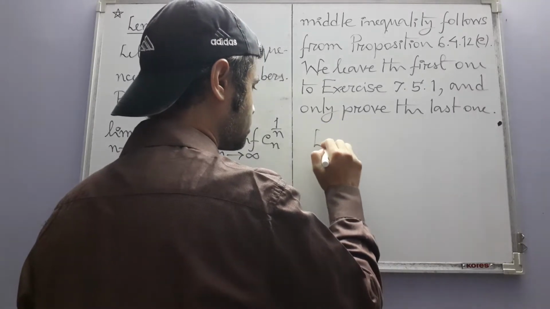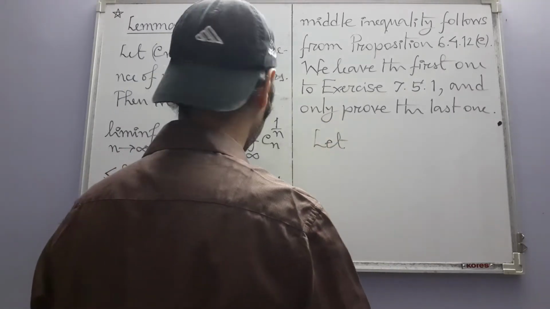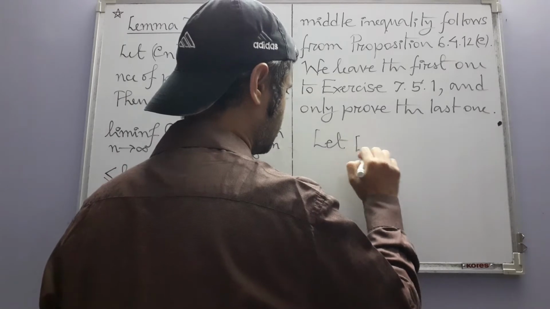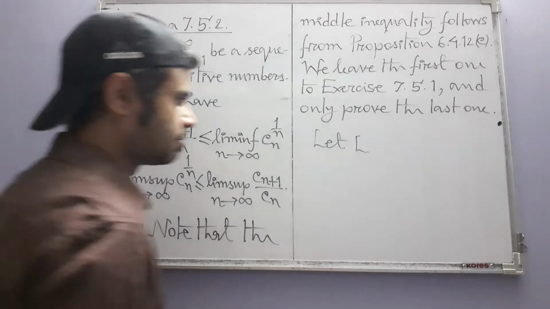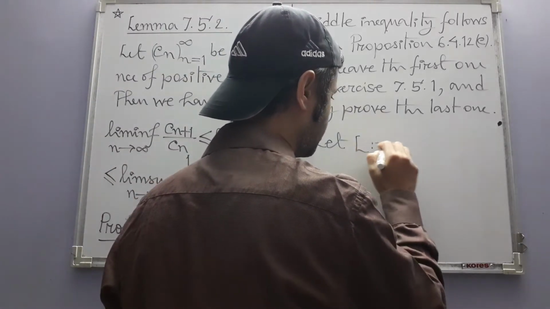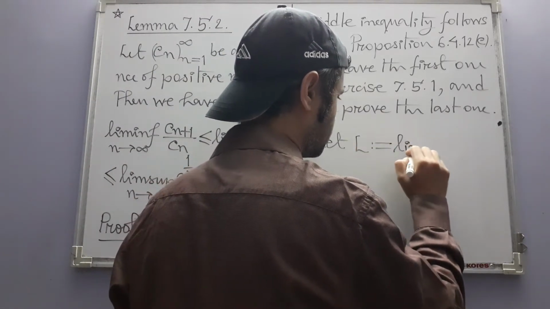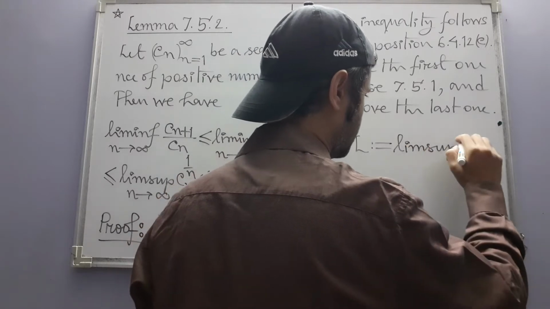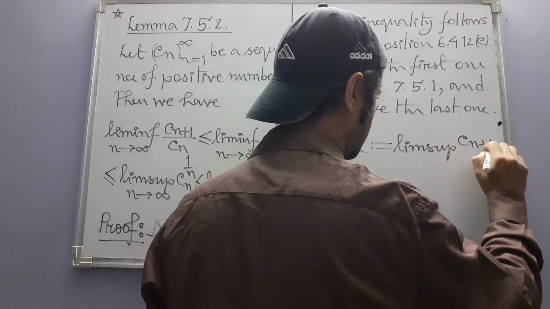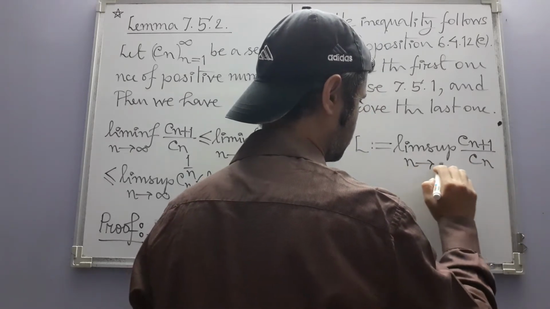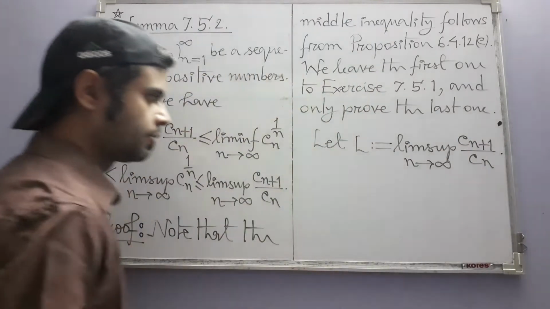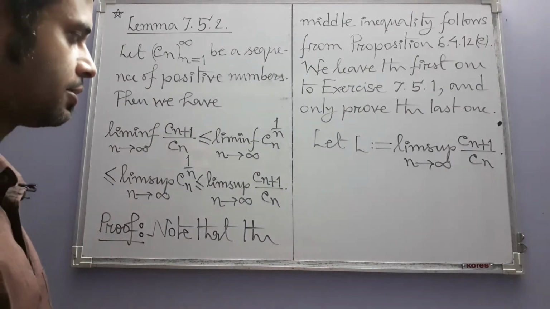Now we start things off by giving a name to this. Let L denote the limit superior of these ratios. That means L is the upper limit of that sequence.